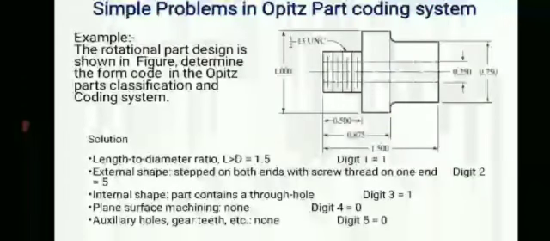Okay. Next we go for digit 5. See the product diagram. What is given? The auxiliary holes, gear teeth: none. In this product, holes are not done in auxiliary. Okay. Go to the form code tabulation.